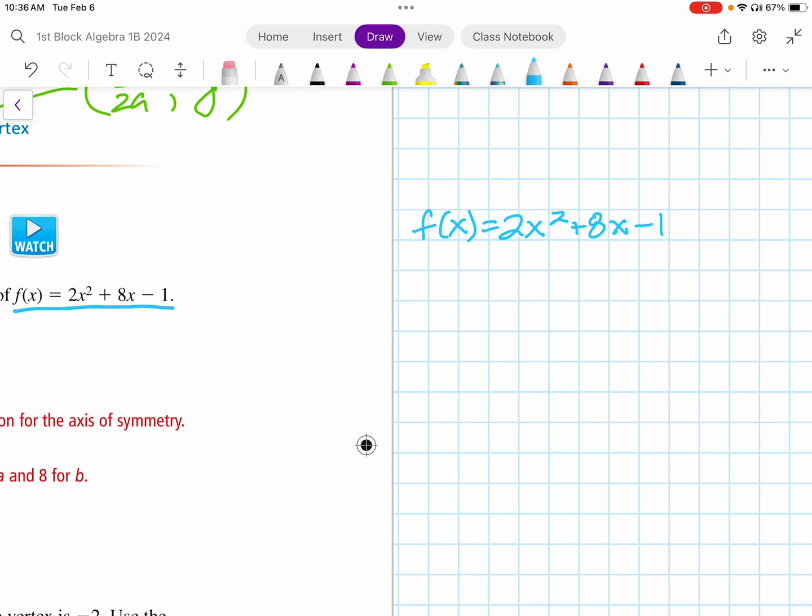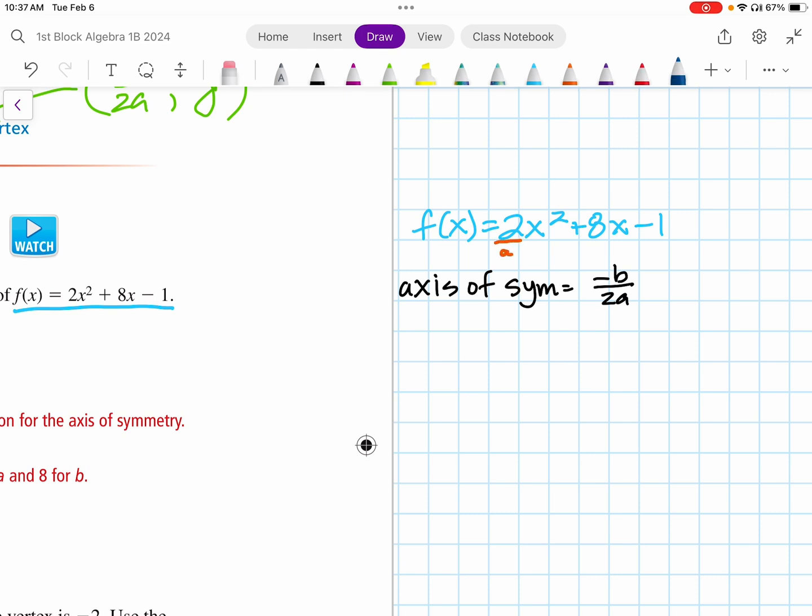In order to find the vertex, in order to find the axis of symmetry, which is also the x value of the vertex, we do negative b over 2a. All right, so here's a. a equals 2.